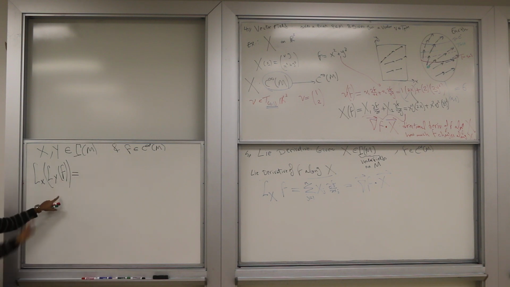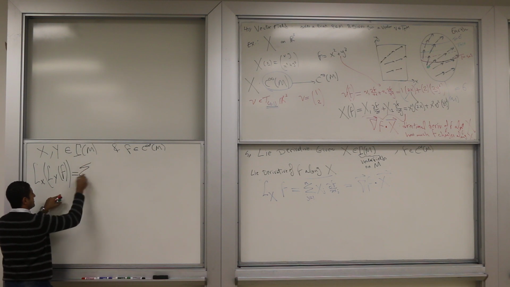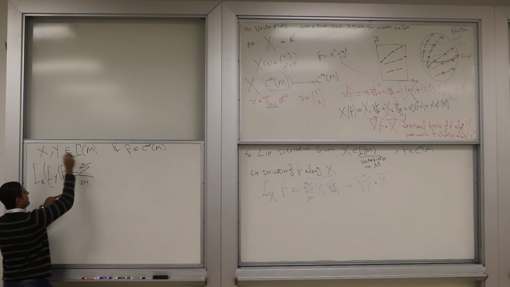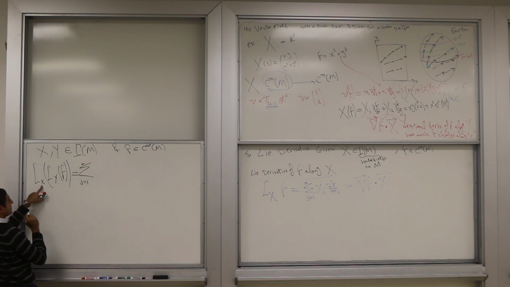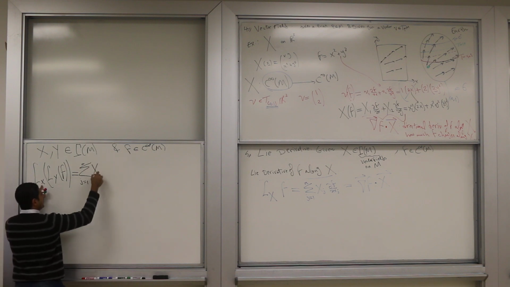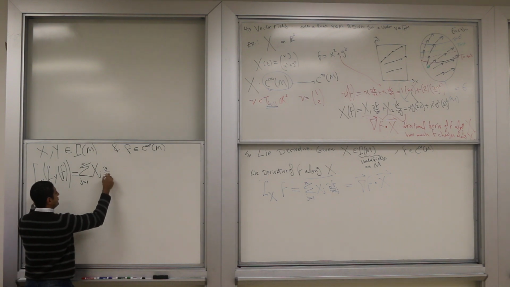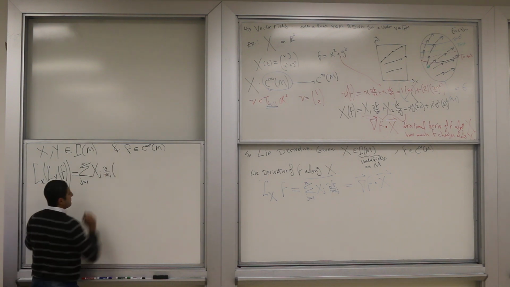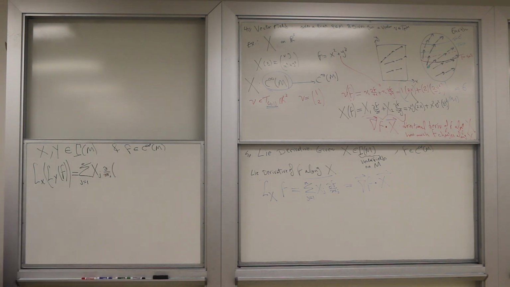Lx acting on something, that's fine. I'm not scared. It's the summation over j from 1 to n. This is vector field x, so it's xj times partial little xj of whatever you have, right? What do I have inside?